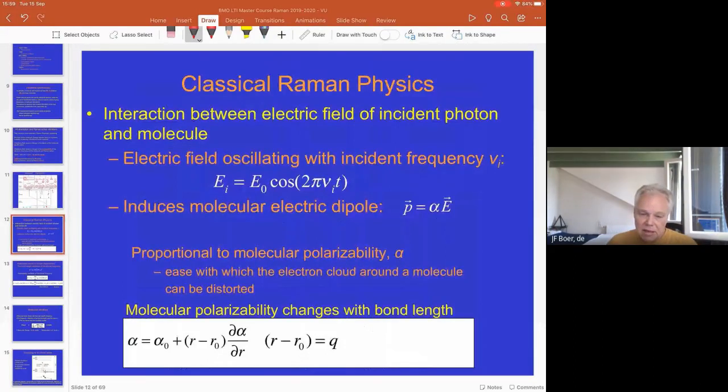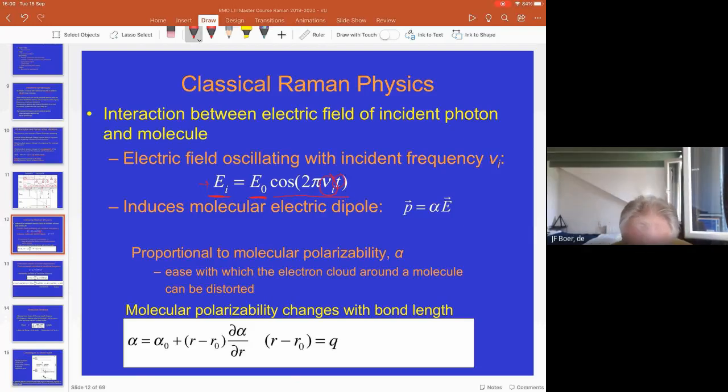Okay, so let's take a closer and actually a classical view of that scattering process. We have an interaction between the electric field of the incident photon and the molecule. We can describe the incident electric field, E_I, as an amplitude E0 oscillating with a cosine of 2 times pi times the frequency times time. So E_I describes the oscillation of the electromagnetic field as a function of time.